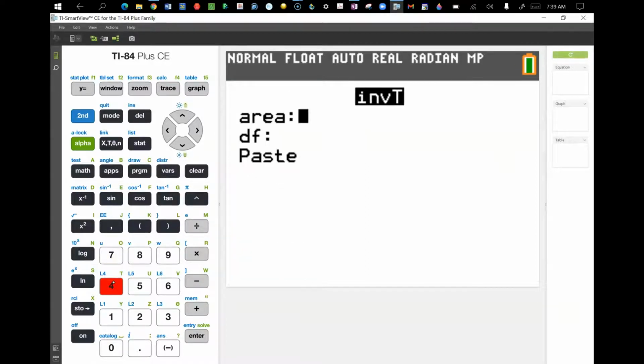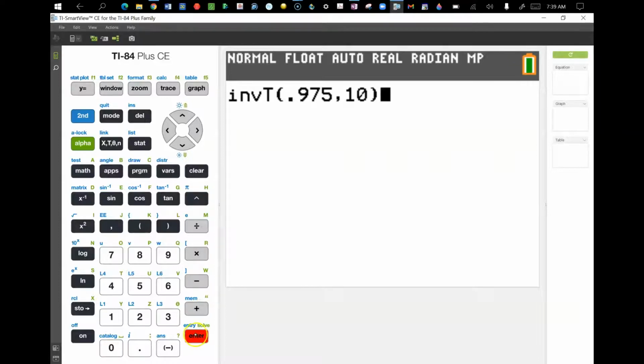And my calculator only allows me to put the percentile or area to the left. So if we're doing a 95% confidence interval, the area to the left would be 0.975. There's 10 degrees of freedom, and we're going to paste that in, let the calculator find our critical value for us, and our critical value turns out to be 2.23.